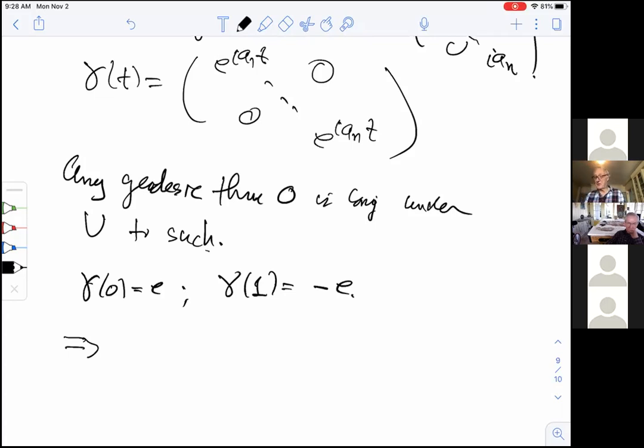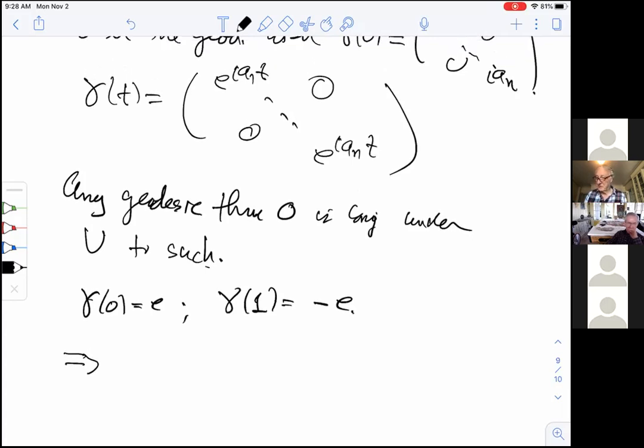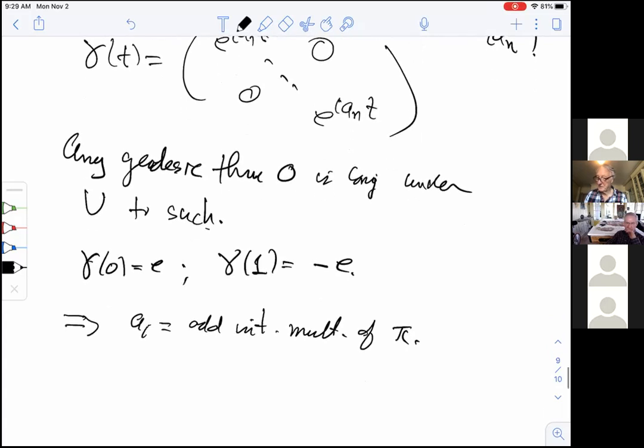So I might as well suppose my geodesic is of this diagonal form. And what that implies is that the a_i have to be odd integral multiples of pi, because I need e^{i a_j t} to be minus the identity when t equals 1.